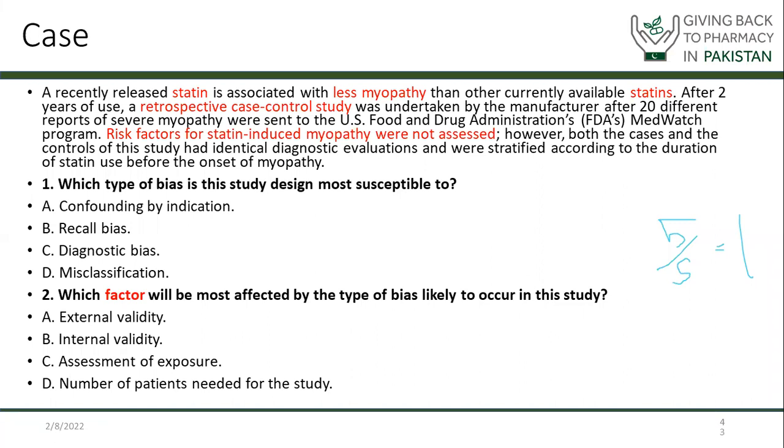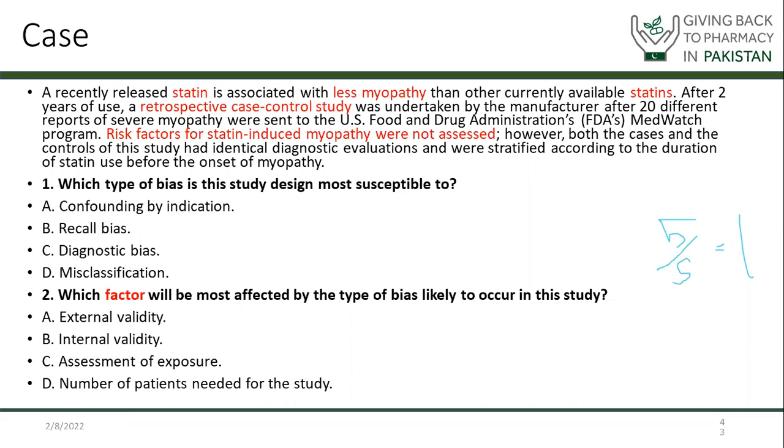Okay, which factor will be the most affected by the type of bias likely to occur in this study? External validity, internal validity, assessment of exposure, or number of patients needed for the study. Question number 2, internal, external, assessment of exposure or number of patients.